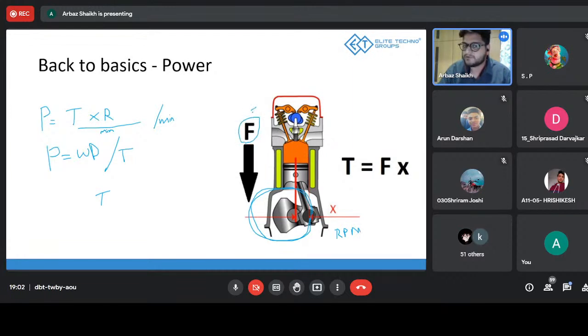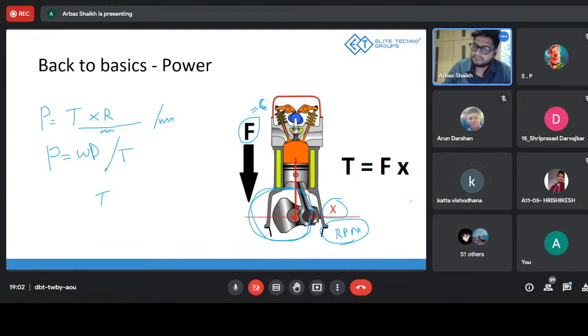Now, if I keep this force constant, the power may change. How will the power change? I can change the RPM, correct? If I keep the force constant, and if I want to change the torque, I can simply change the X. Is that clear to everybody?